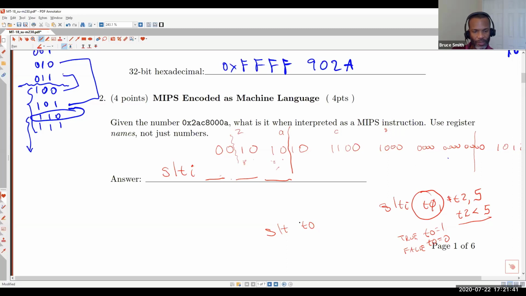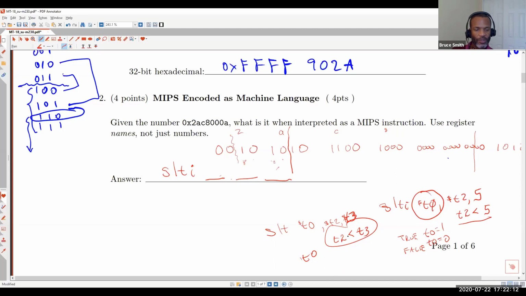There's another version of set on less than that's almost identical. I'll put in the $, T0, T2, and T3. It works the same way, where it looks to see if one register, in this case not an immediate but a register, is less than another value, and then it sets T0 based on whether or not that's true.